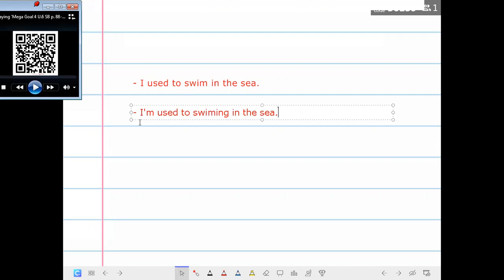أما في الجملة الثانية I am used to swimming. Here we use the verb to be and used to, then the verb ing.